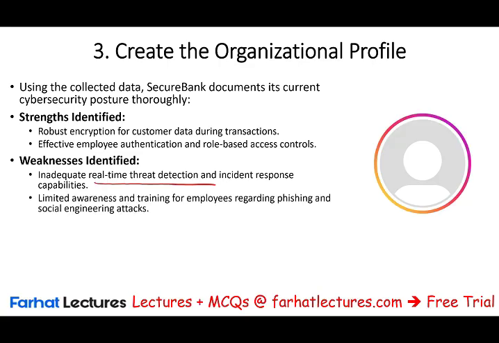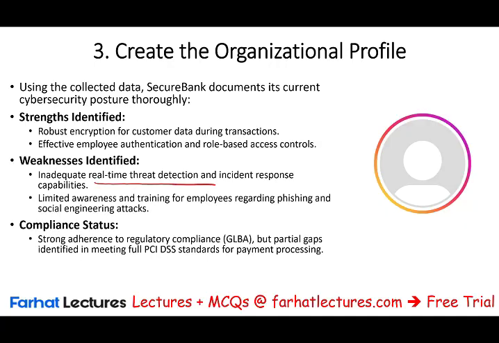We have limited awareness and training for employees regarding phishing and social engineering attacks, something to work on. How about our compliance status? We have strong adherence to regulatory compliance, but partial gaps identified in the full PCI DSS standard for payment systems. So what we're saying is, when it comes to one privacy standard, we are good with the GLBA.